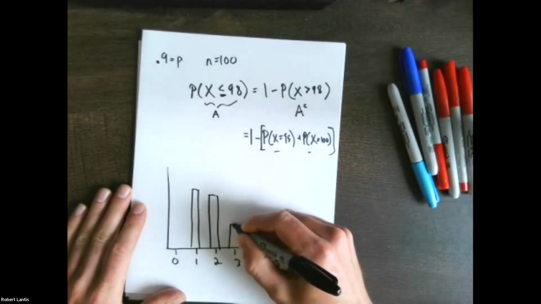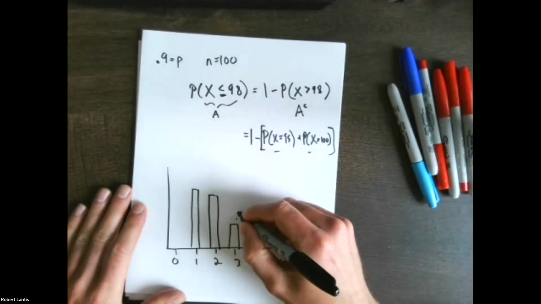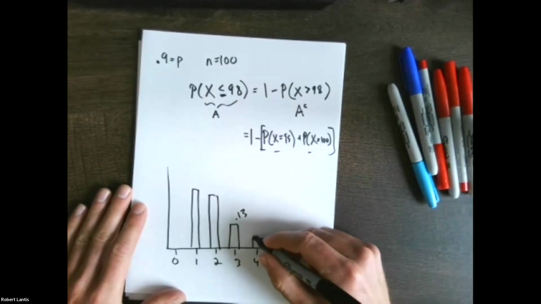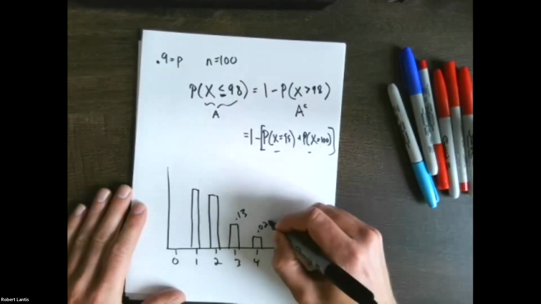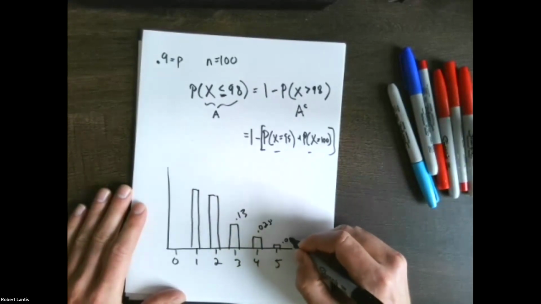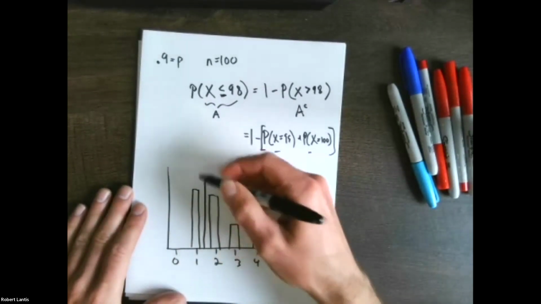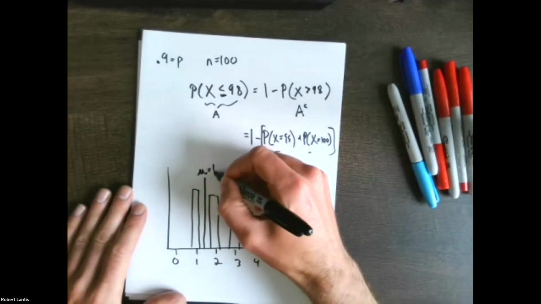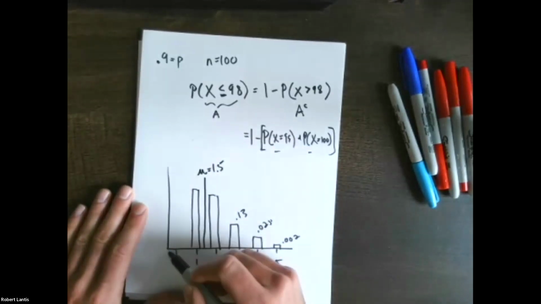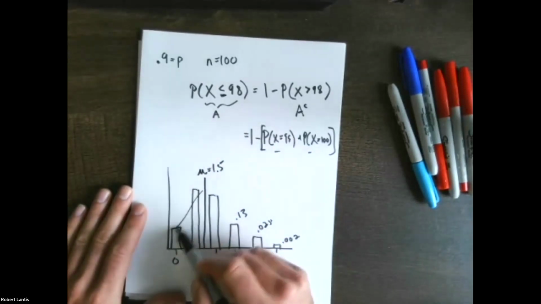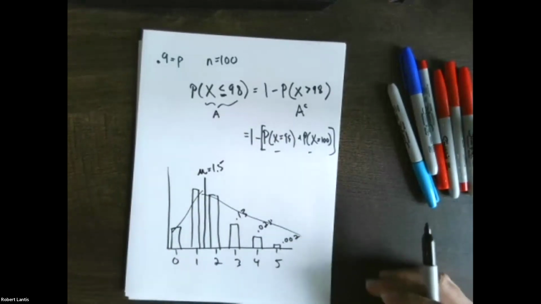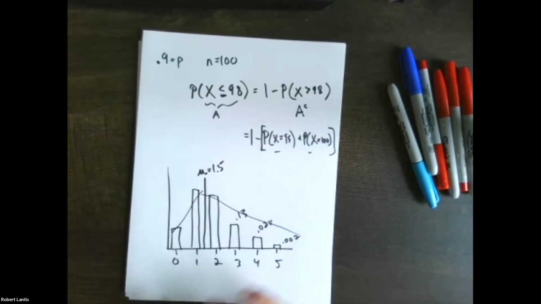And I think for 3, the probability was about 0.13, for 4, the probability was 0.028, and this was something like 0.002, really small. Once again, with my mean, the two values near it will be the most likely, and then as I move in either direction, those probabilities of higher or lower numbers of successes will decrease.